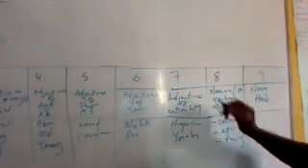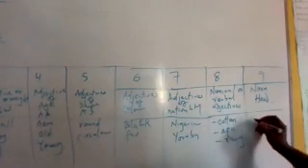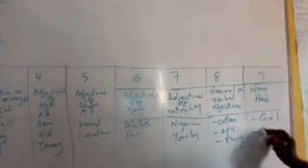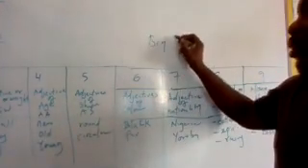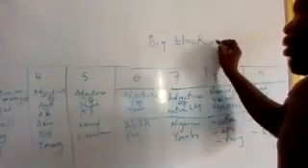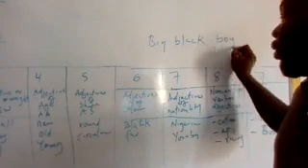So this is the noun you are trying to talk about. It could be a girl, a bag, anything. What you are talking about, like when we said the big black boy.